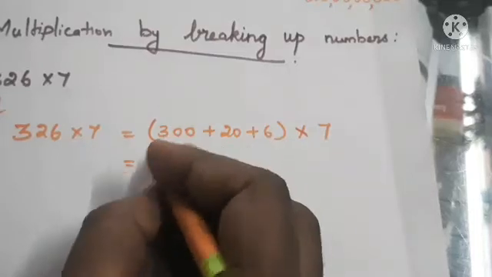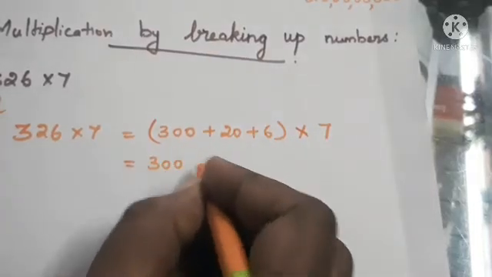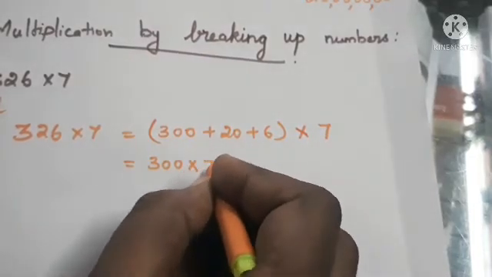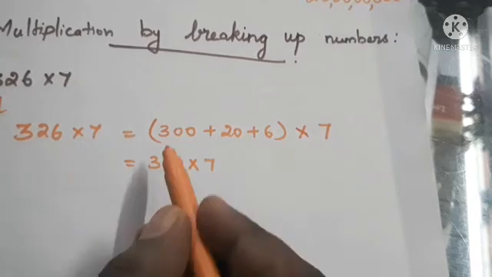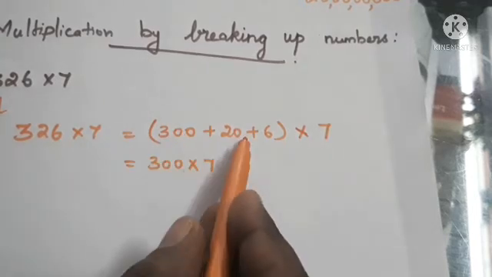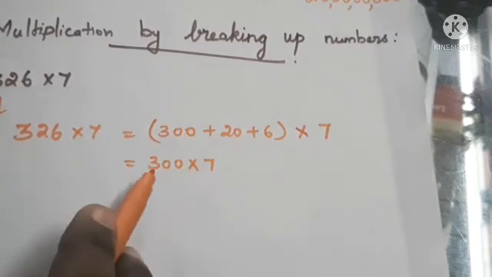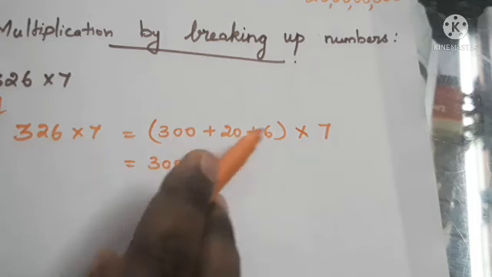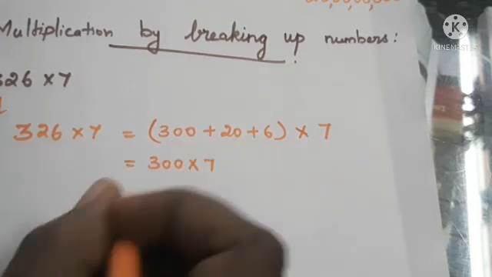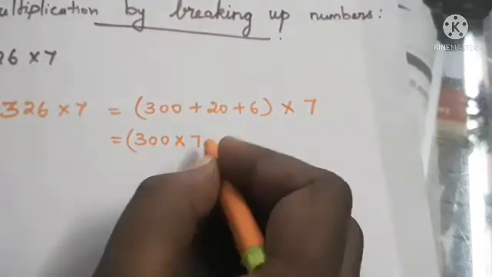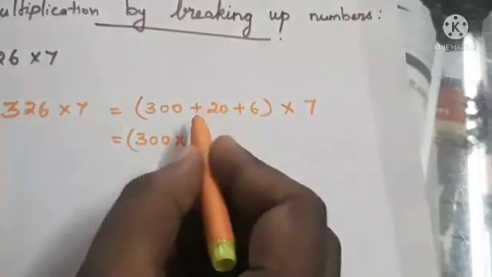The first number is 300, so 300 into 7, and put it inside the bracket. Then what symbol is next?